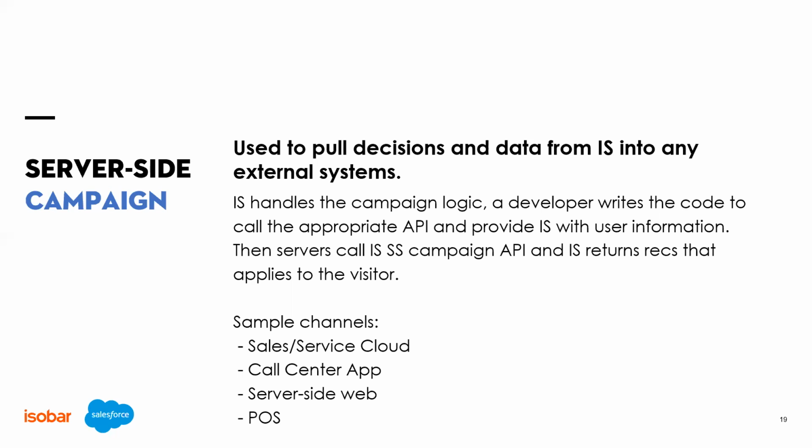The logic of the campaign is still set in Interaction Studio, but the data on which we want to base each campaign is delivered via API from the external system. Interaction Studio then returns this data with campaign specifics and the already set up algorithm or logic for the campaign that will apply to the visitor who is now in place.